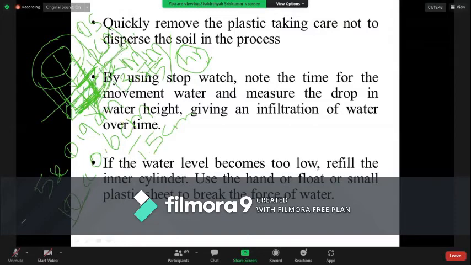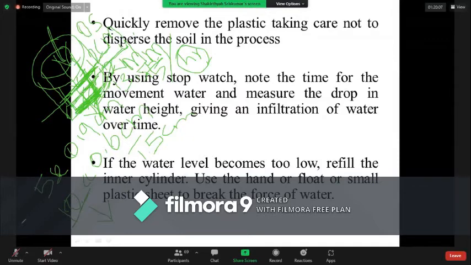So once it reaches the bottom level, you need to refill the water and again take the reading from this 12 centimeter.